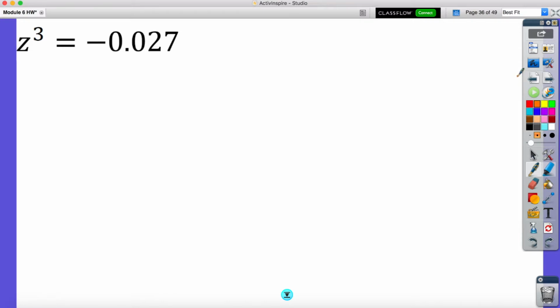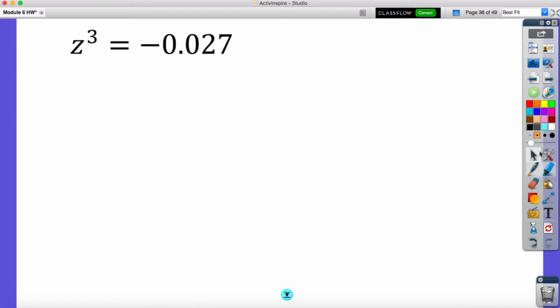Let's go ahead and look at this one now. This one's a little different because it's not a square root, it's a cube root. I have z cubed. In order to get rid of this, the first thing I'm going to do, because I don't like it when it's a decimal, is write z to the third power is equal to negative 27 over 1,000.